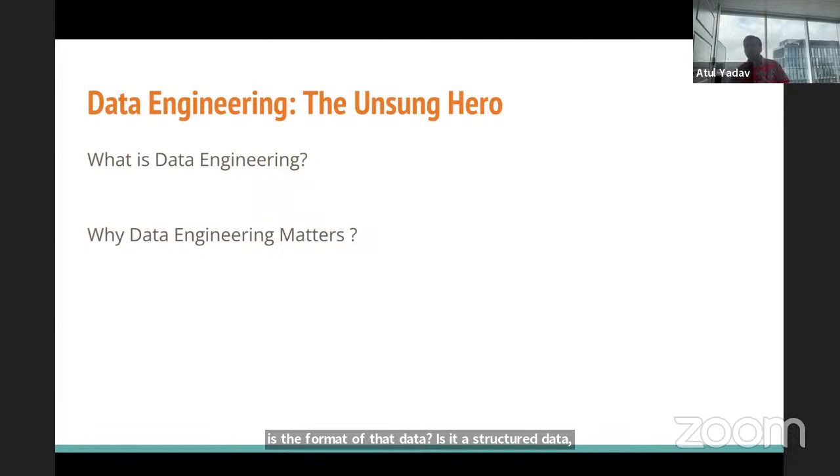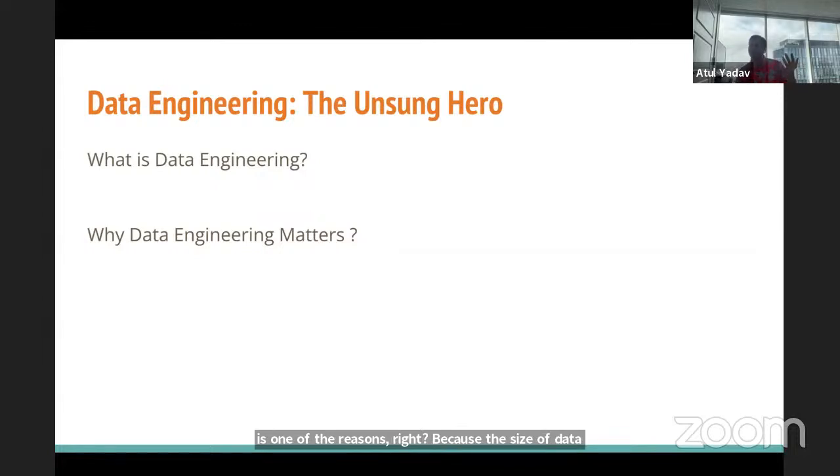But you want to get value out of that data, so that process will include bringing that data to an ecosystem. Mostly all the data engineering platforms are on the cloud, for reasons like scalability, because the size of data varies from business to business.